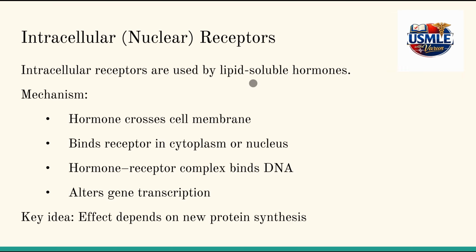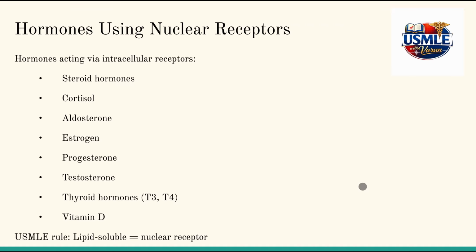Whenever lipid-soluble hormones cross the cell membrane and act on the intracellular receptors, they bind to the receptors either in the cytoplasm or on the nucleus. The hormone receptor complex binds to the DNA and then alters gene transcription. The effect of these lipid-soluble hormones depends on new protein synthesis.